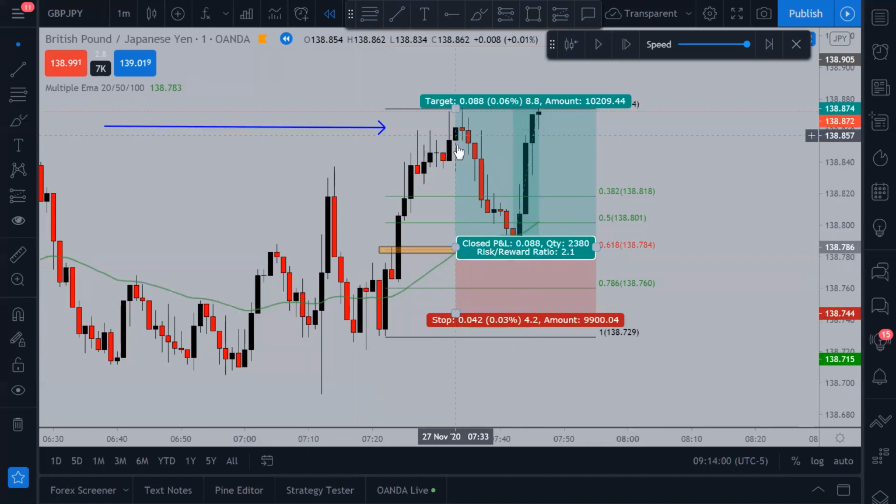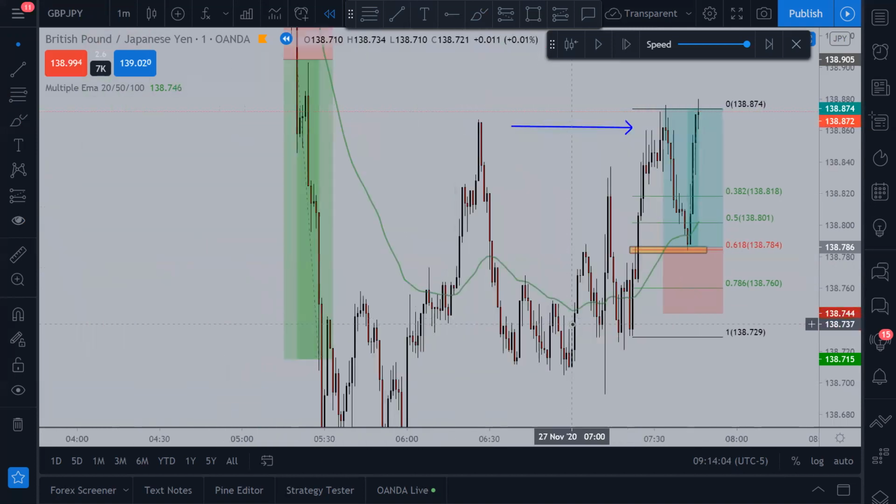Because if you get into the correction stuff, all of this here is correction, all of that is correction on a smaller scale. All right. You got your impulse here, you got your correction, and then you go up, and then it comes down.